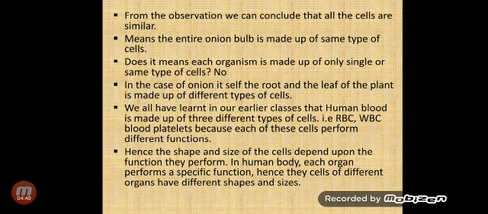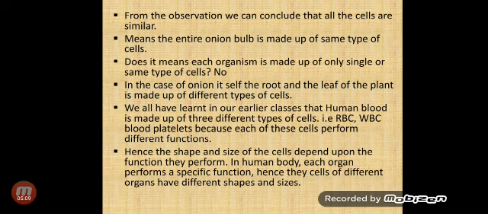For example, in your earlier classes you could have learnt about blood, which is the liquid part of the human body, and we know that blood is generally made up of 3 types of blood cells: RBCs, WBCs and blood platelets. Apart from that we also have the liquid part, which is plasma. We have also learned that RBC is different in size and shape compared to WBC and blood platelets, and vice versa.